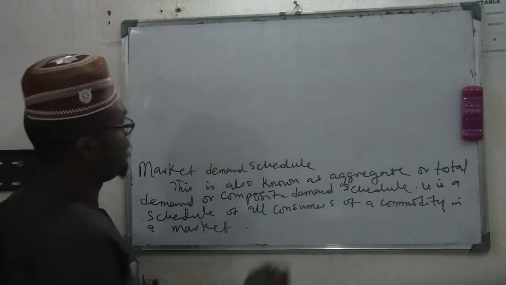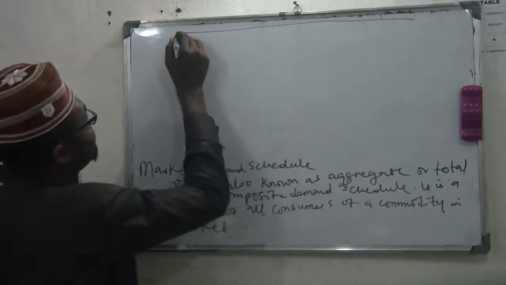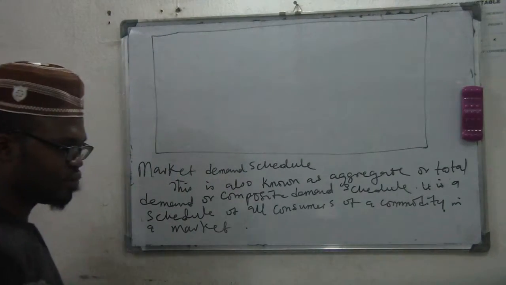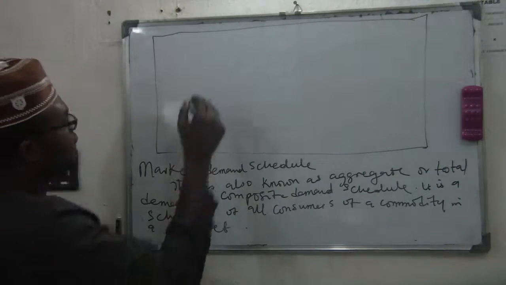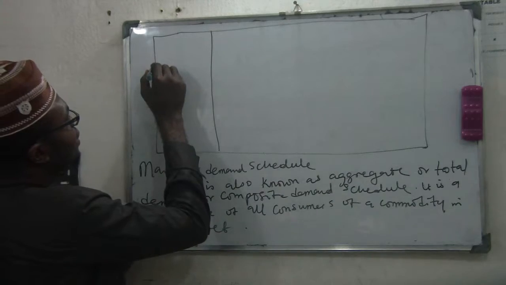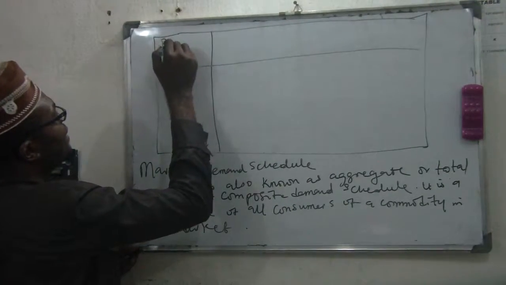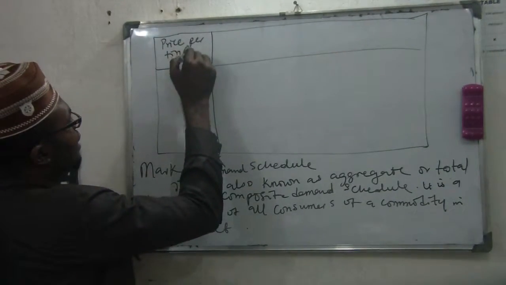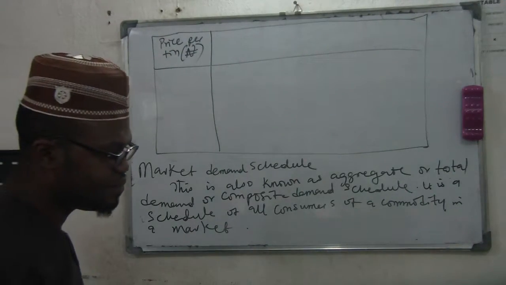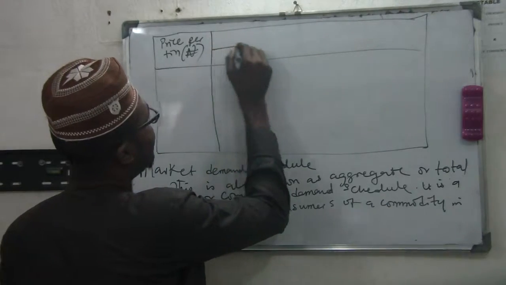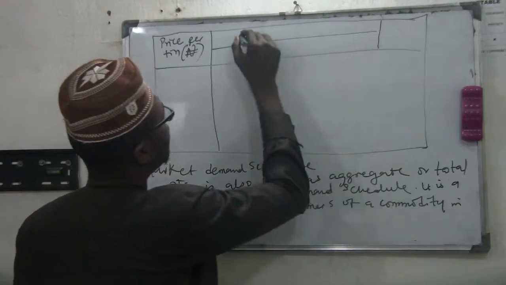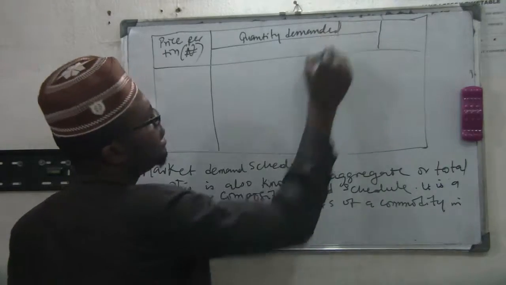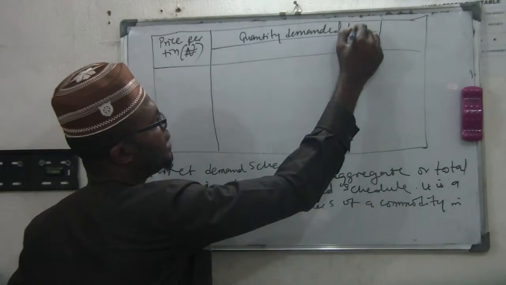But if you're talking about a market schedule, you're going to have a table like this, whereby in the first column you have price, price per tin, and the price is always in naira. Then you have a column called quantity demanded by the following. It's not only one person.